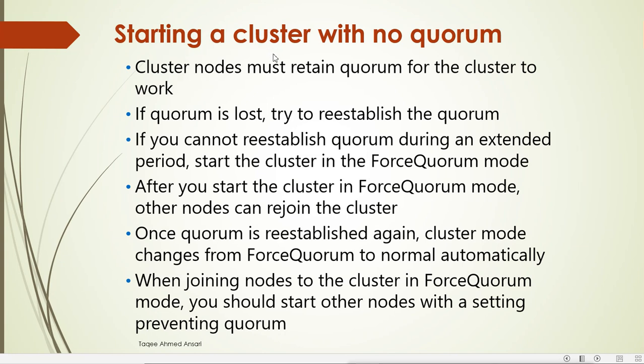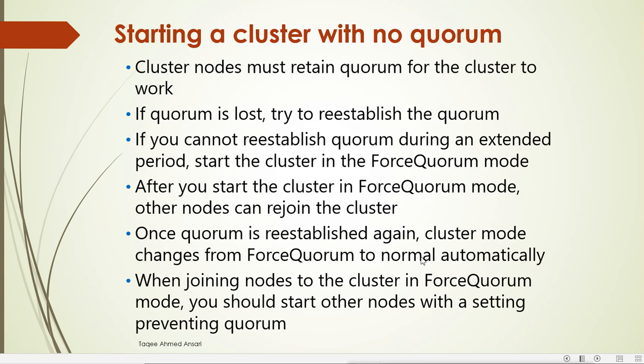So if quorum is lost, try to re-establish the quorum, and if you cannot re-establish the quorum during an extended period, start the cluster in force quorum mode. After you start the cluster in force quorum mode, other nodes can rejoin the cluster, and once quorum is re-established, the cluster mode changes from force quorum to normal automatically.